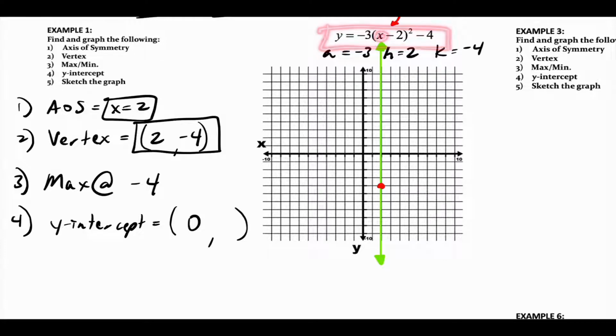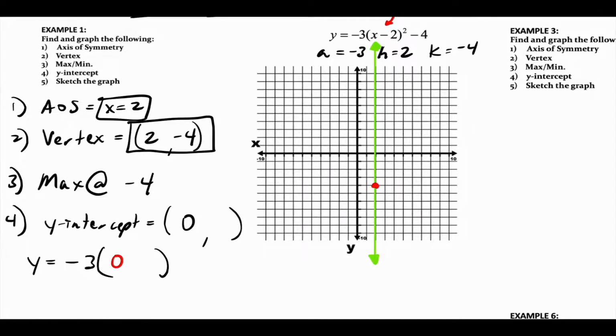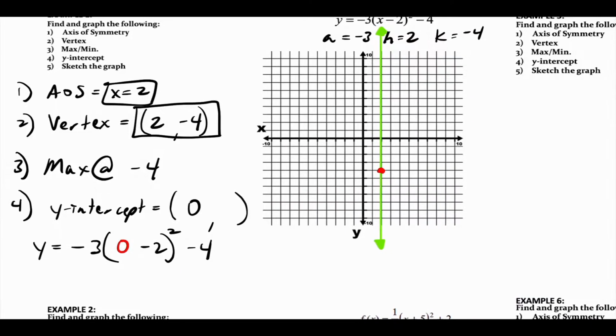I only see an x right there. So it's going to look like this. y equals -3, 0, -2 squared, -4. Okay.